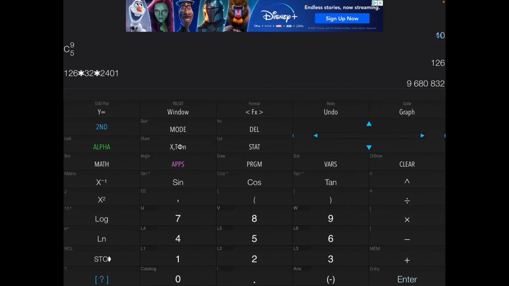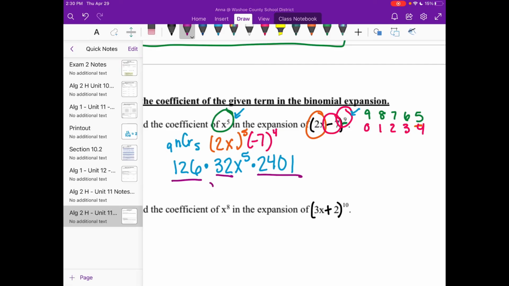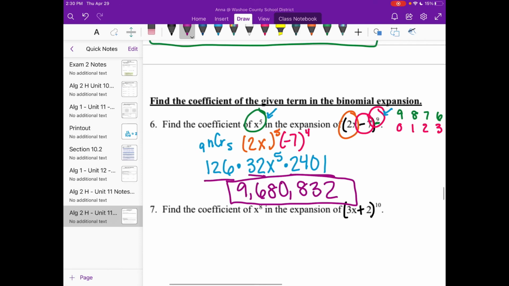So, yeah. 9,680,832. And I don't think you would have wanted to do your whole binomial expansion just to find that. So that's how we would find it without using the binomial expansion.